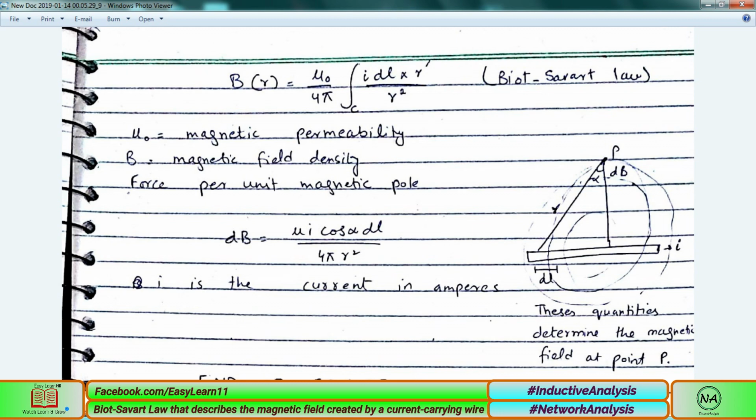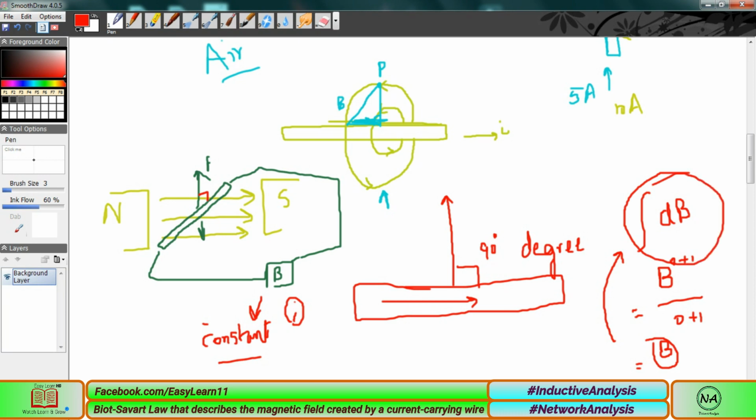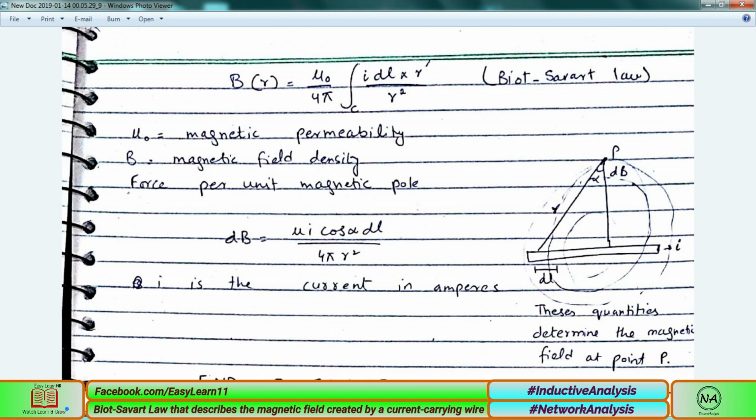The integration of dB is actually B. If we integrate dB with respect to B, the answer is B, because there is actually B raised to power 0, and in the next step it is B raised to power 1 divided by 0 plus 1, so the overall answer is B raised to power 1, which is understood to be just B. So going toward the previous steps, we can replace B with the integral of dB. The integration sign is here and also here, so both integration signs cancel out.